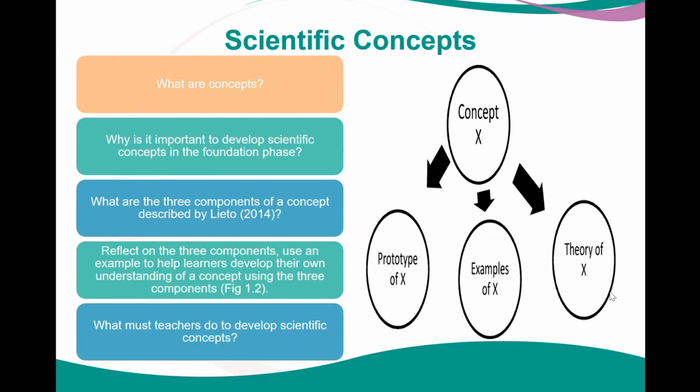And then the theory of birds, this is where we develop the theory of birds. So we basically tell them that birds have 2 legs, or they can also bring it forth in the classroom: 2 legs, 2 wings, they have feathers, they can fly. So this is how we make them categorize and organize information in their mind so that it helps them with the learning and creating those connections.